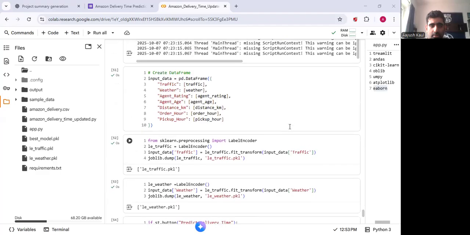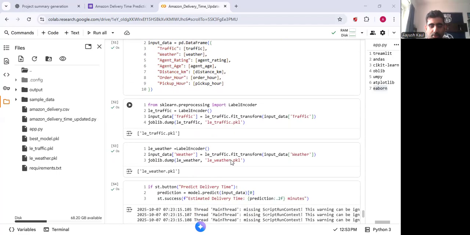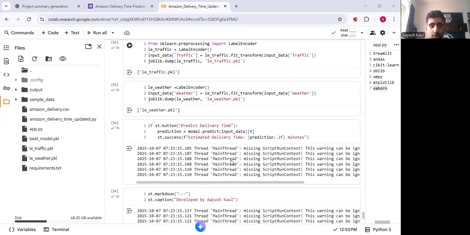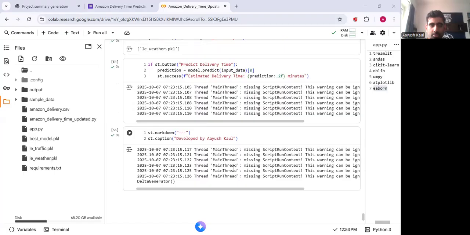And then we created this data frame. And then we did this process of label encoding of category columns. And we did this to predict the delivery time on this Streamlit app after the model gets deployed there with this caption later on.